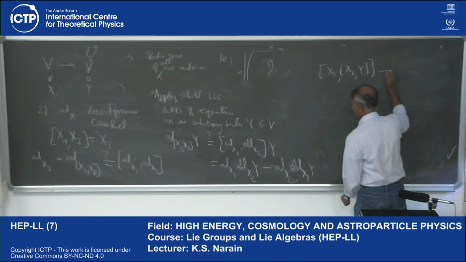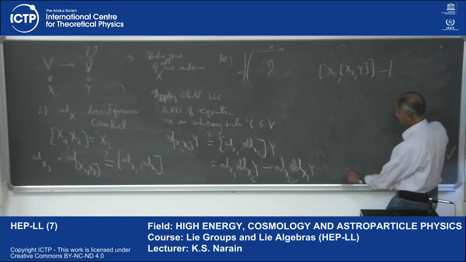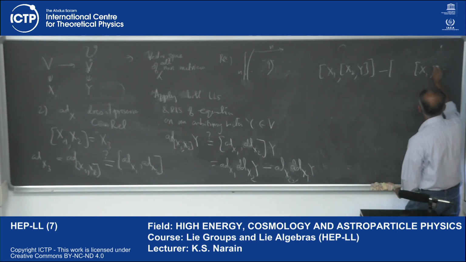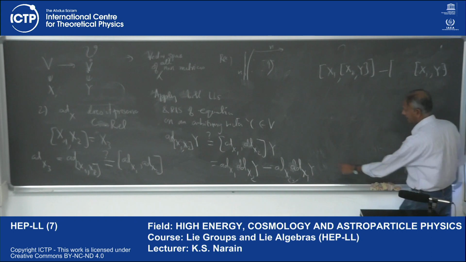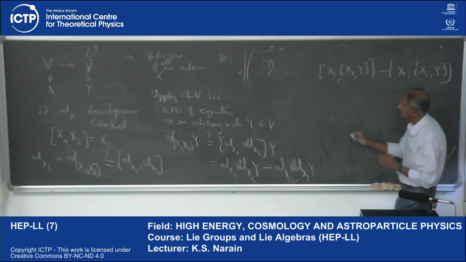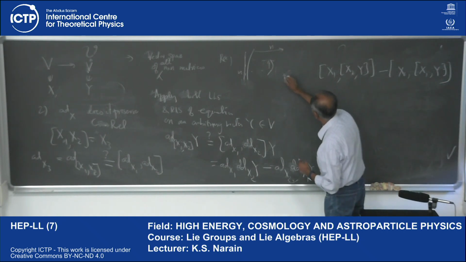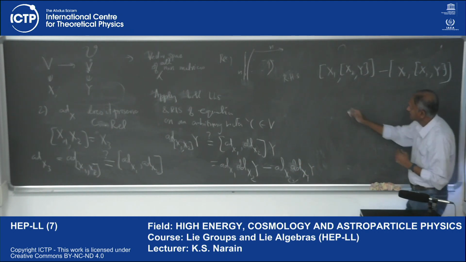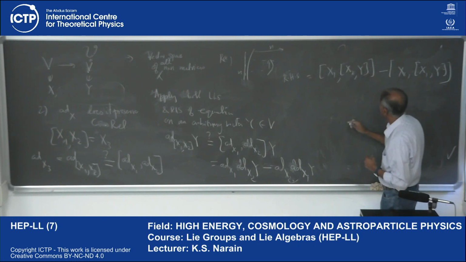The second term is minus, and here the order is changed. First I apply x1, so I get the commutator [x1, y], and then I apply x2, so it's going to be a commutator with that. So that's the right-hand side of this equation.